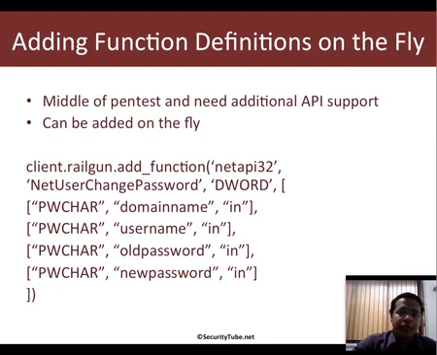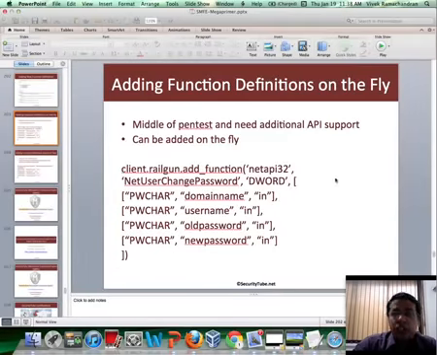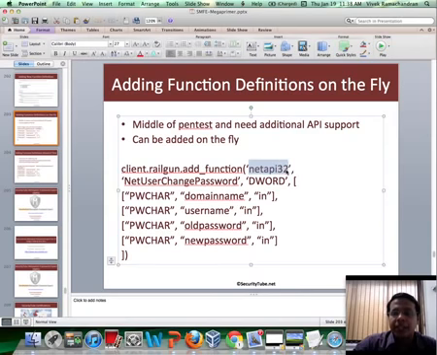So this is where at runtime you can add the function by using client.railgun.add_function, along with the name of the DLL, netapi32. The second thing is the function you want to add.